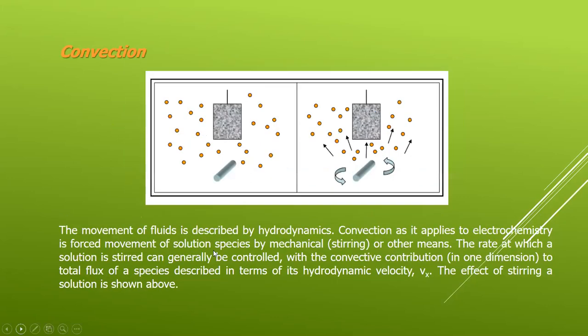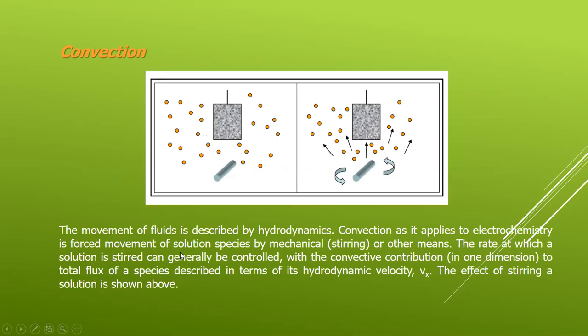The other mechanism that we will also be discussing is convection, the mechanism of convective mass transfer. Now, this has something to do with fluids, the movement of fluids, which is described by hydrodynamics.